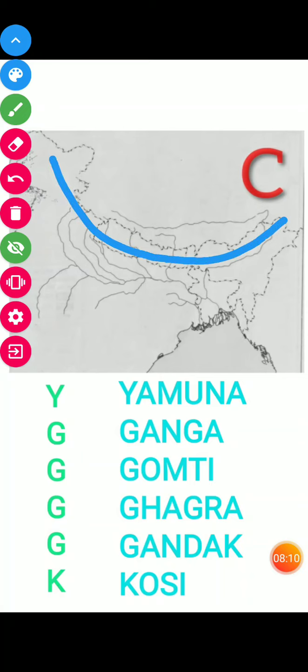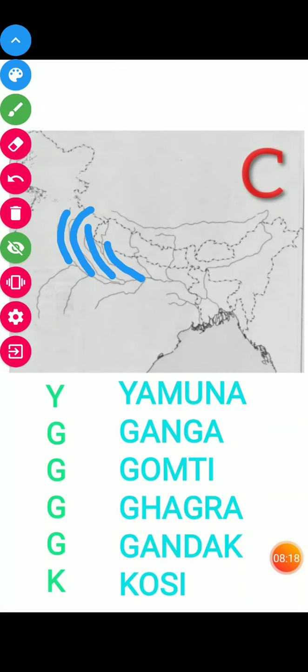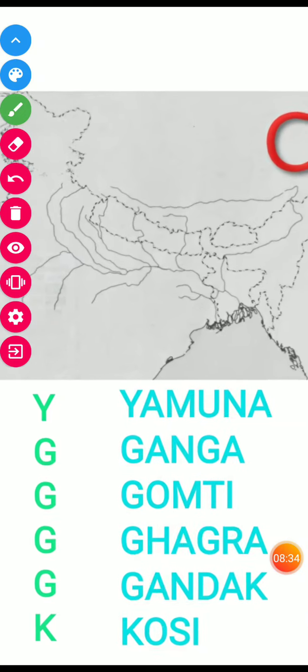Here many rivers originate from Himalaya. These 6 rivers we are going to do in section C. This is the most complicated part of the rivers map, so watch it carefully. First of all, we'll find the 6 rivers. Let me zoom in a little.